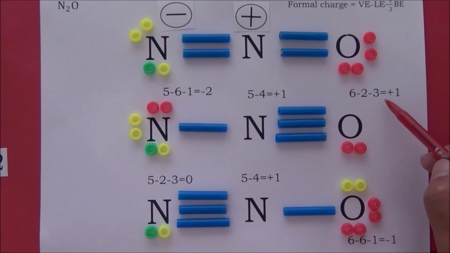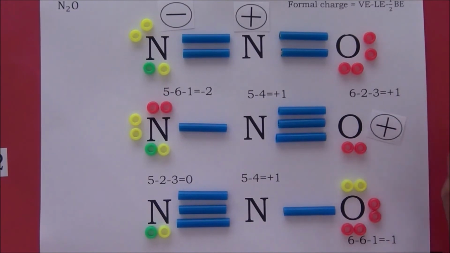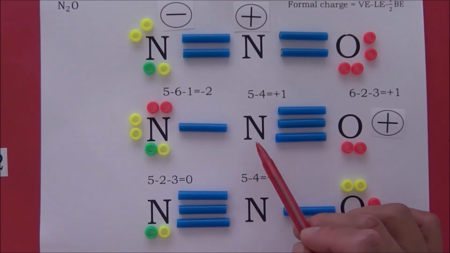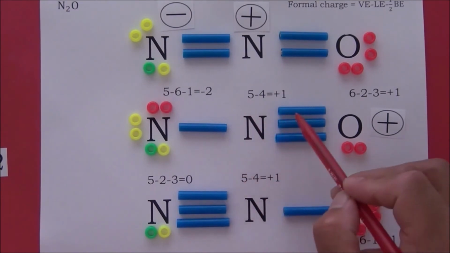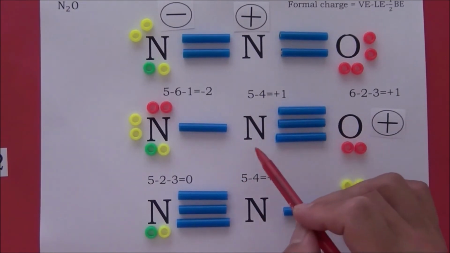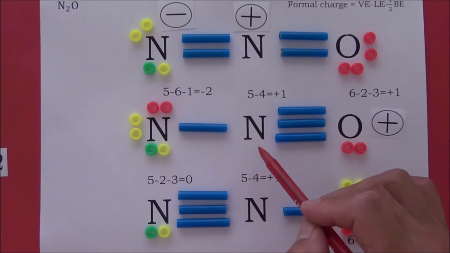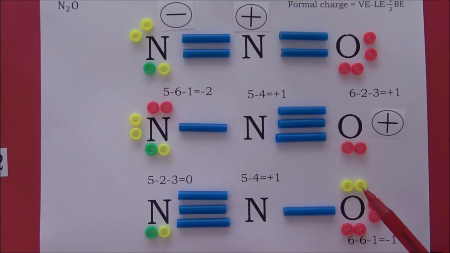So the formal charge is equal to plus 1. For the central nitrogen atom, it has 5 valence electrons, minus 4 bonds. It does not have any lone pair electrons, so the formal charge is plus 1.